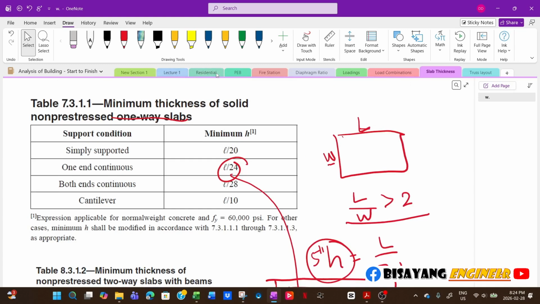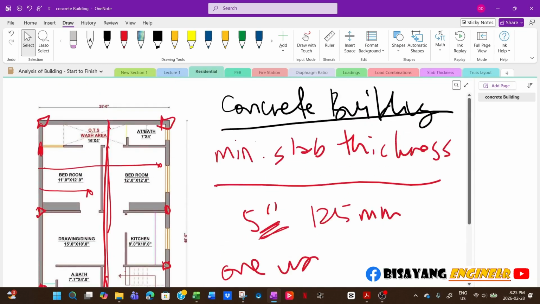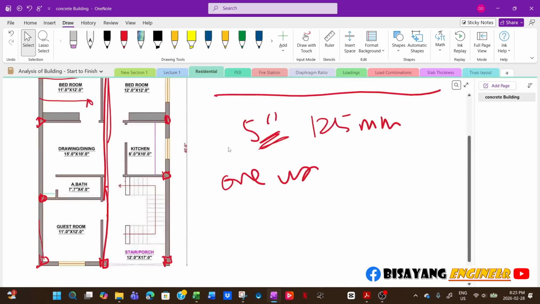Now if you look at the sample floor plan, this is 25. That means your clear span would be at least 11, 12 feet. So that exceeds.